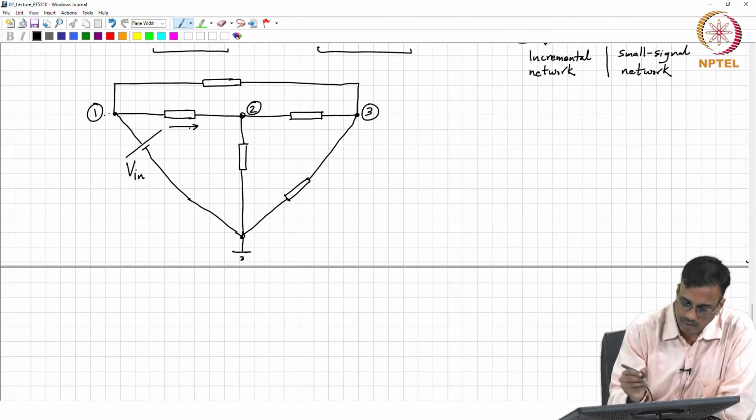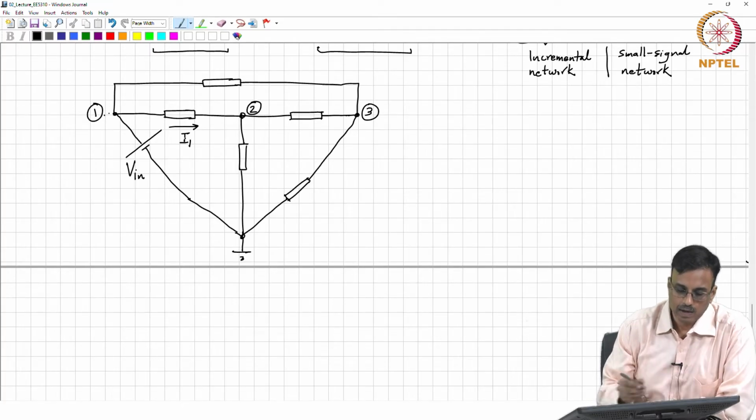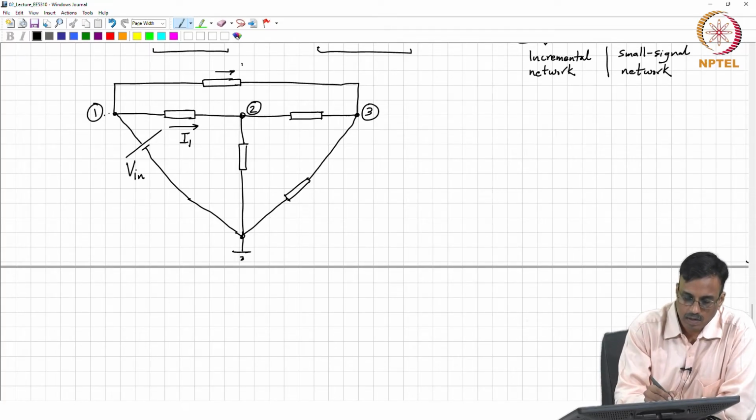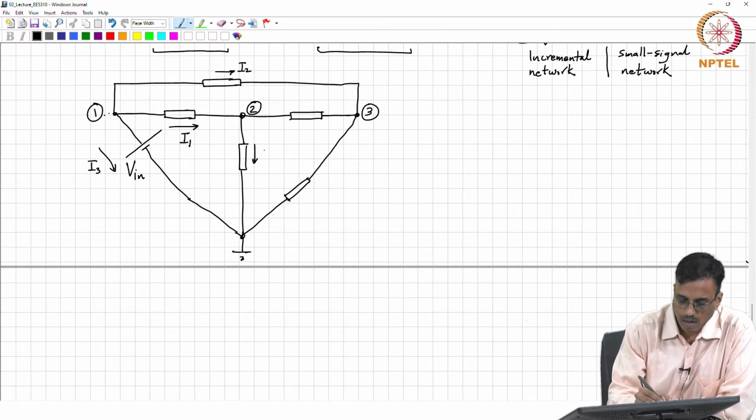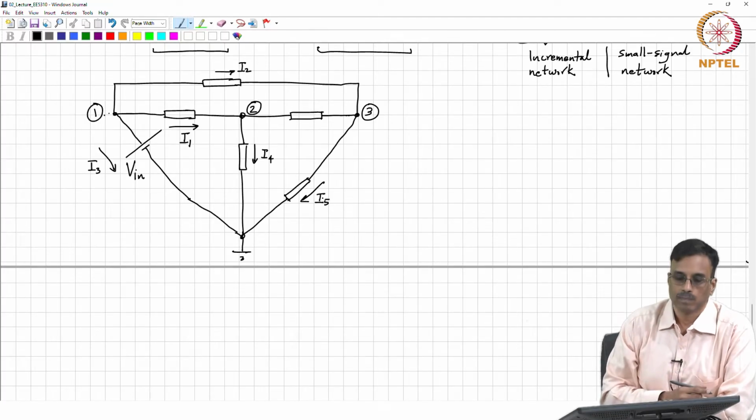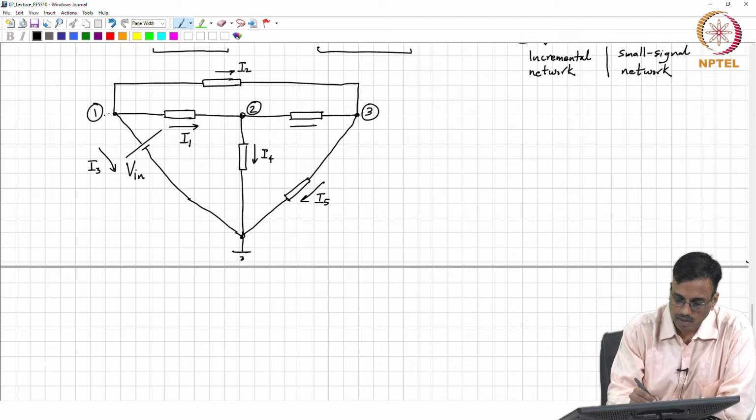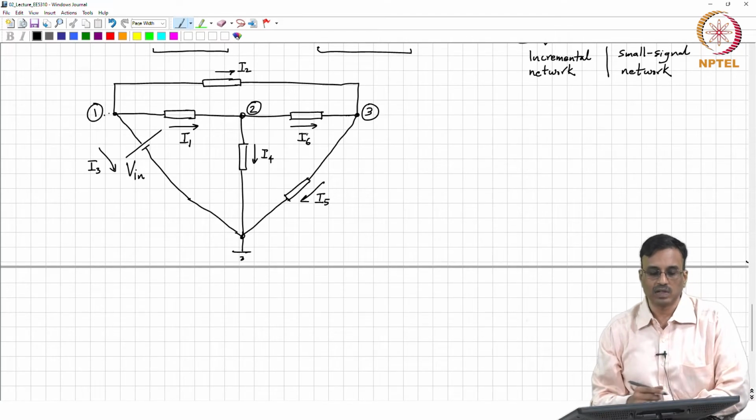Let us call this say I1, and I2, capital I3, I4, I5, okay, and I6. Okay, so we have numbered the branches.